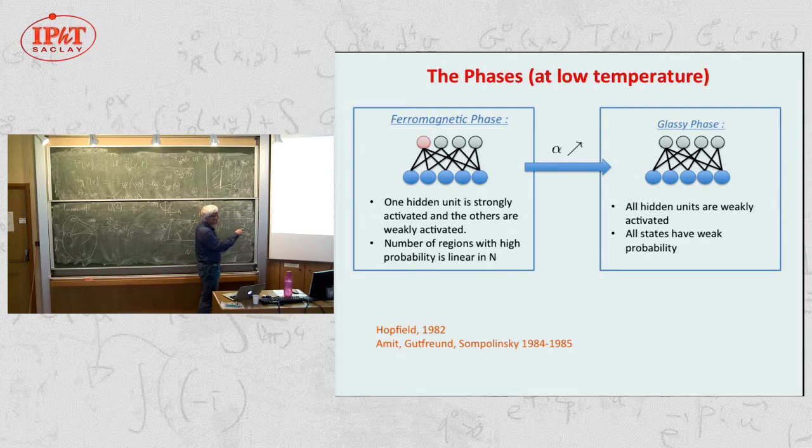So one hidden unit will be very strongly activated, and the other ones will be only weakly activated or silent. And if you increase alpha too much, so your hidden layer is too big, then you get into the glassy phase where the visible configuration will be uncorrelated with the weights. So all this activation will be weak.